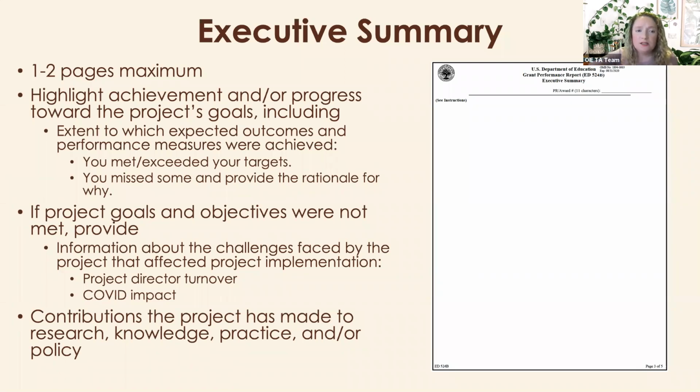So the important things on this executive summary, you'll see it's a very basic page. With that, we ask that you keep your executive summary to 2 pages. I'll show you another place in your reporting where any additional information could go. But remember, this executive summary is just meant to highlight your achievements and progress towards your project's goals. So talk about how you have met expected outcomes and performance measures. Maybe you exceeded them, maybe some that you've fallen short of or you're not achieving in the timeline in which you thought, and some challenges that you've encountered with those.